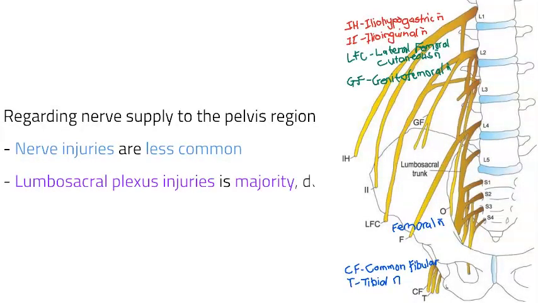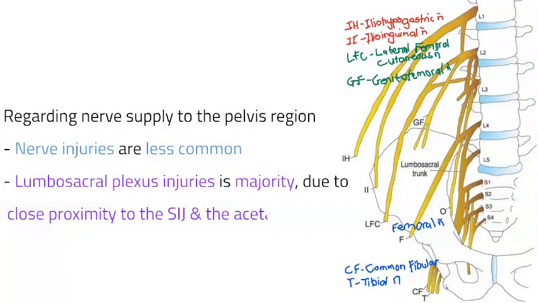You can see the origin and the course of the nerves in this illustration.